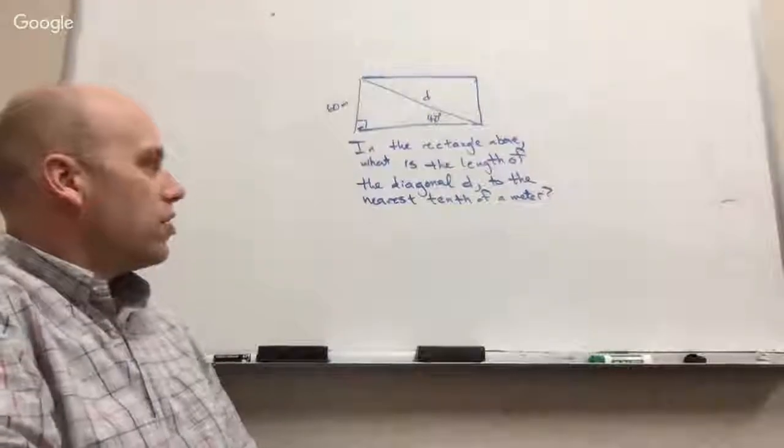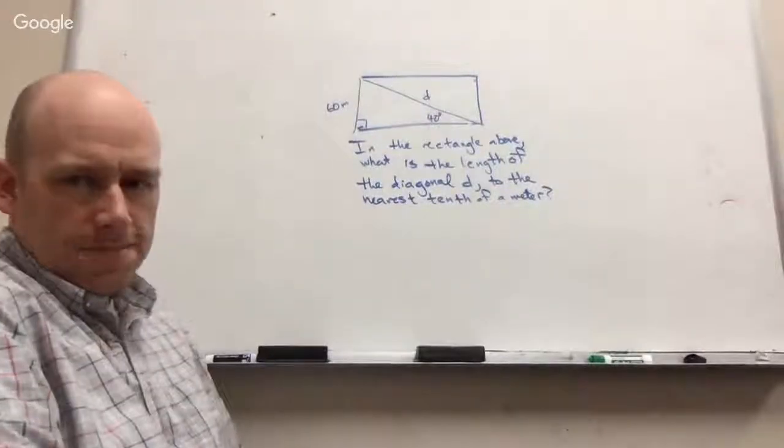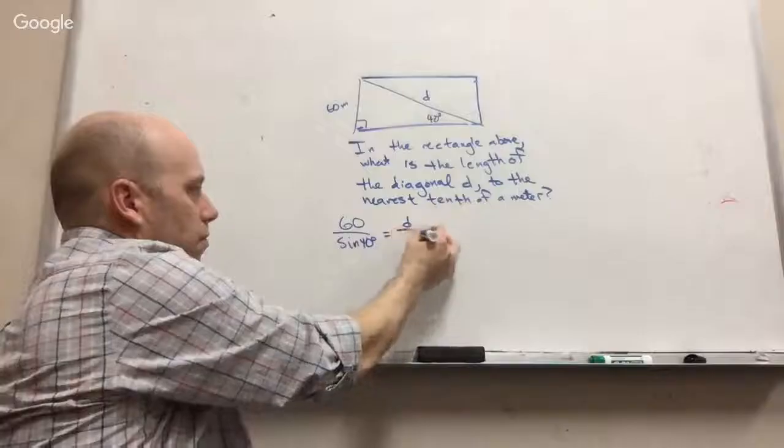The law of sines is what I'm going to use. Tell me how you might use the law of sines. So I did 60 over sine of 40 is equal to D over sine of 90.